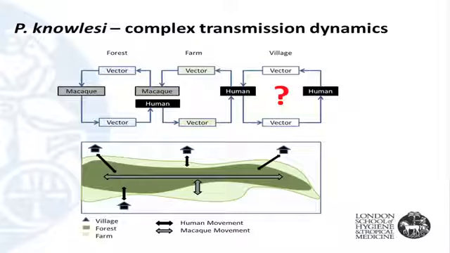As I say, it's very complex dynamics, and this is an oversimplification of a very complex process. What we have essentially are human settlements on the edge or outside of forest areas with some level of plantation, and what we have here are the forests which the macaques in the grey bars are moving through.